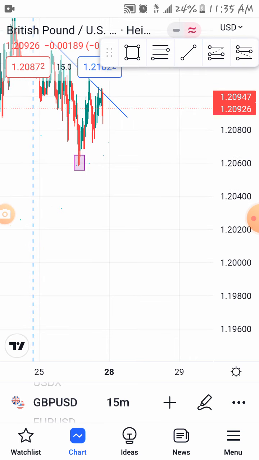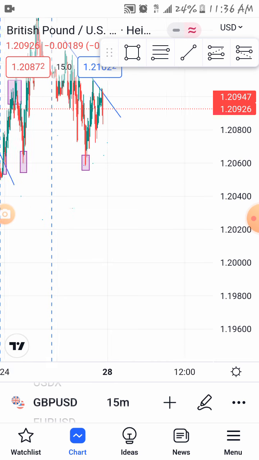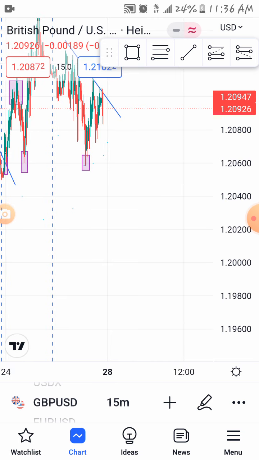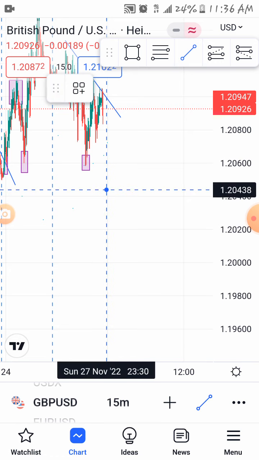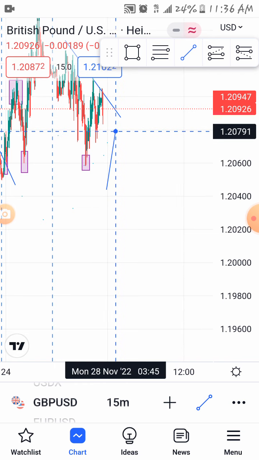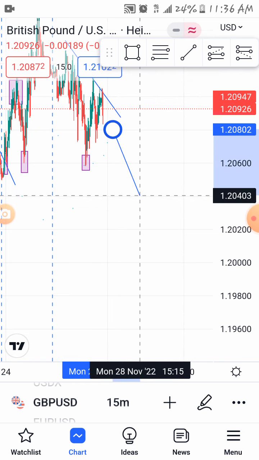So for next week, I'll be hoping that price comes into this 1.20600 level, gives us a breakout of it, because that would be the fourth touch, gives us a retest back into that level, and then I would be interested to go in for a sell. This is what I mean.